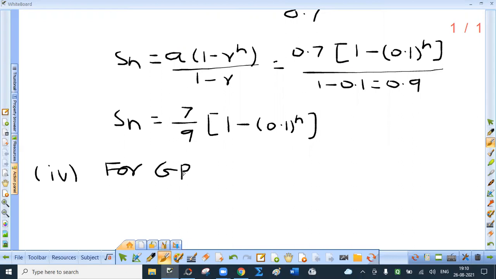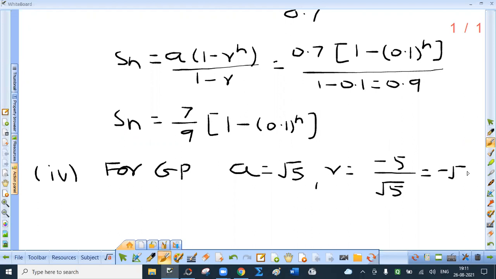Now last one, for GP, I will directly write A equal to root 5. I'm talking about the fourth part. And how to get the common ratio? Second term minus 5 upon root 5. See, 5 itself is what? Root 5 squared. So one root gets cancelled. So what is the common ratio? Minus root 5.